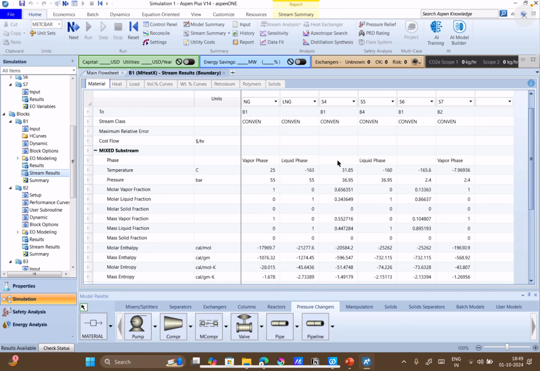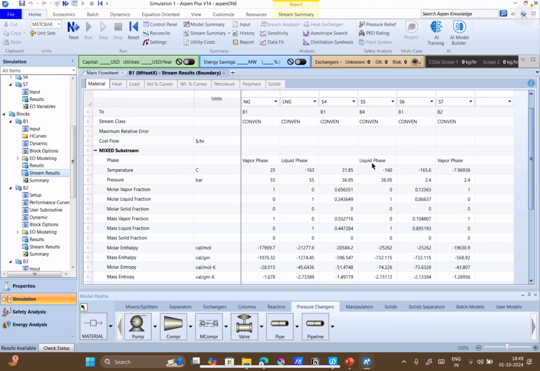The intermediate subcooled high pressure stream S4 is at a high pressure of 36.95 bar and a temperature of 31.86, and got further cooled down to minus 160 degrees centigrade at 36.95 bar.